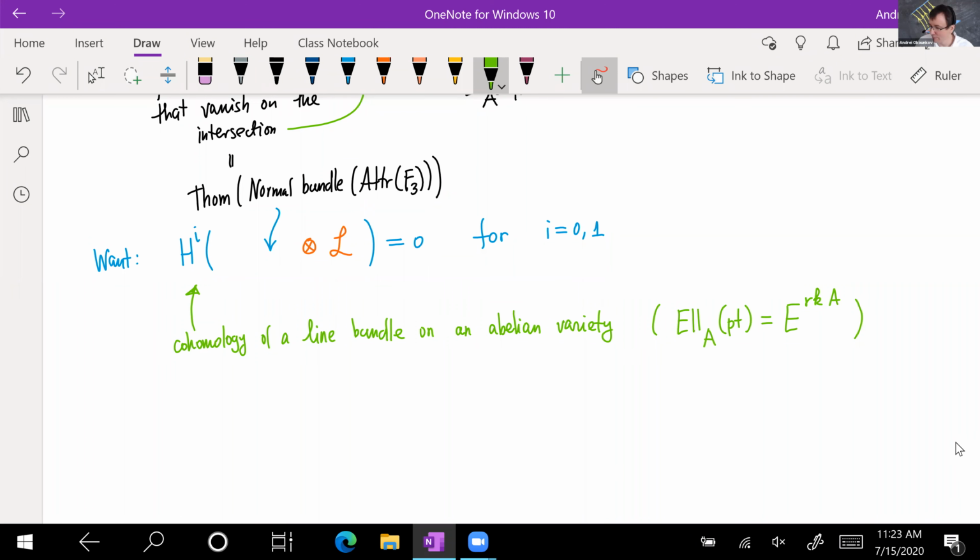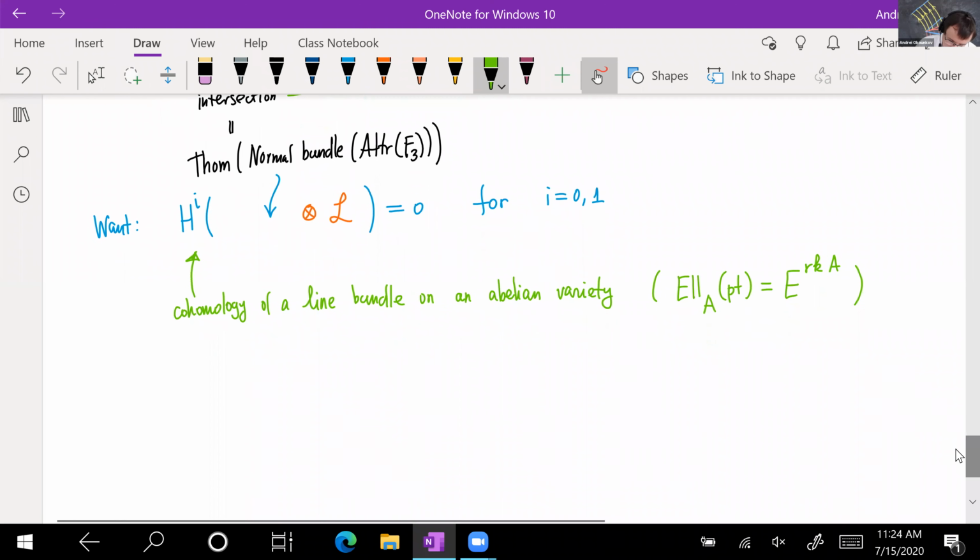If you'd like this to be skipped, you can write in chat. But I think it's worth repeating what this looks like. So maybe let's go general. These will be general facts.